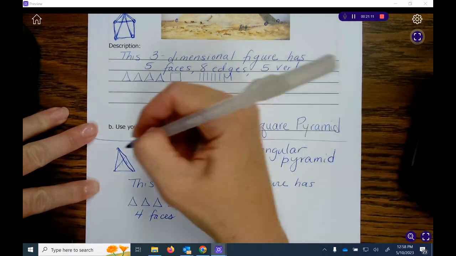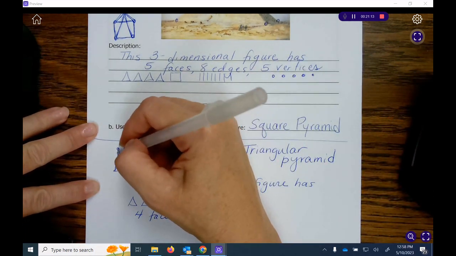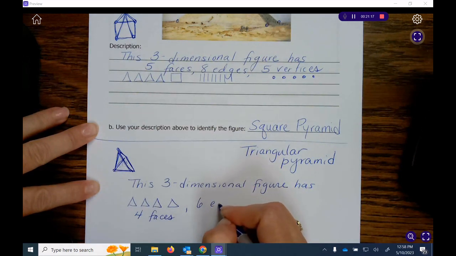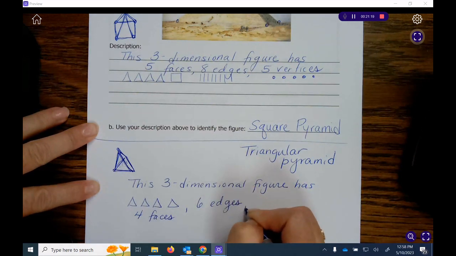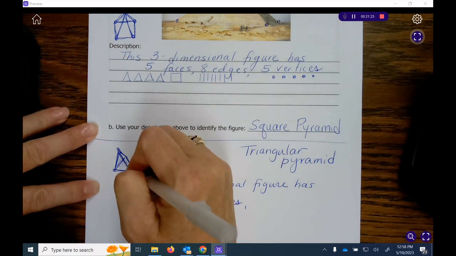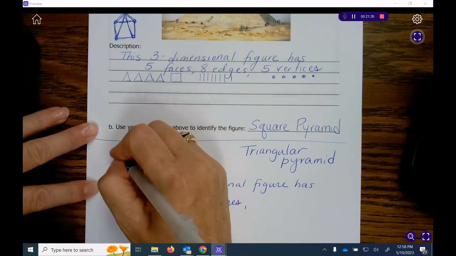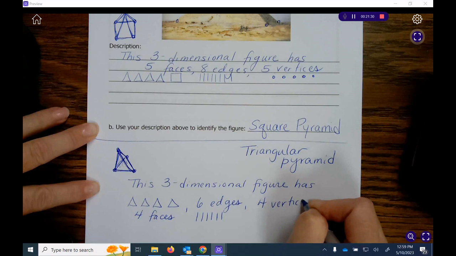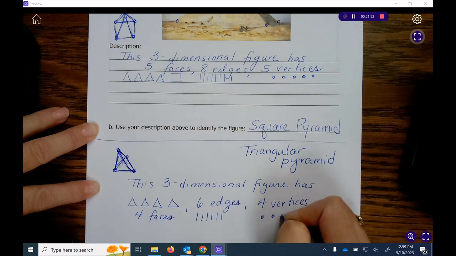And the edges, 1, 2, 3, 4, 5, 6. 6 edges. And points or vertices, 1, 2, 3, 4. 4 vertices.